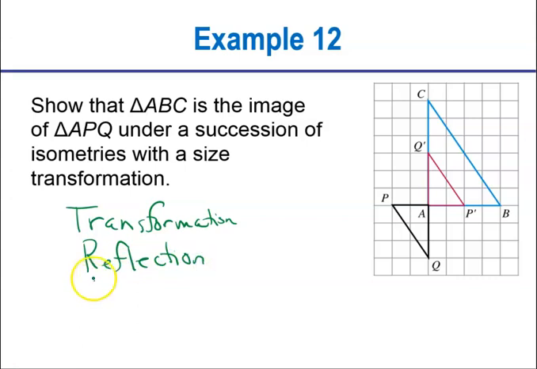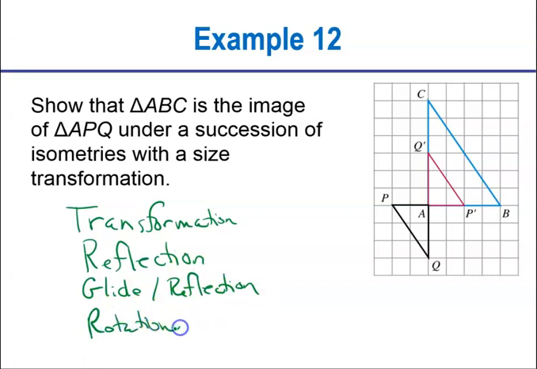You could also have a glide reflection, which really is a translation and then a reflection. What am I leaving out? A rotation. All those are isometries. Now remember, what's important about an isometry is you get congruent figures. But now when we throw in this extra thing called a dilation, you get similar figures, but not congruent figures necessarily.